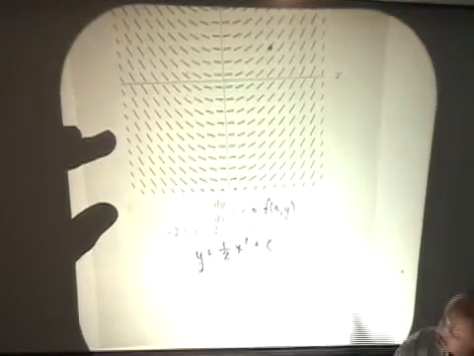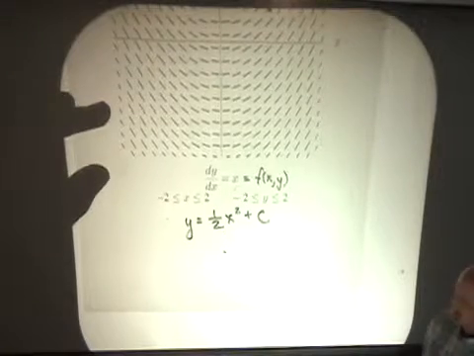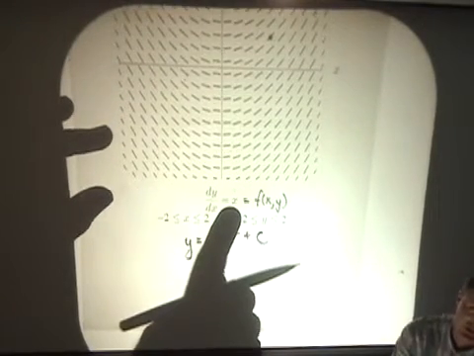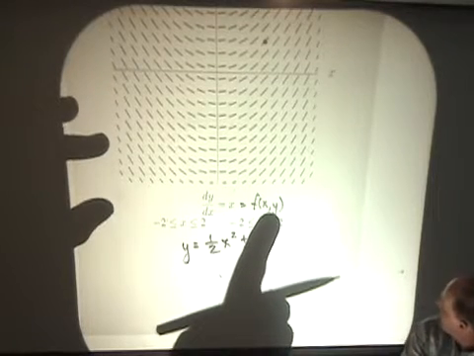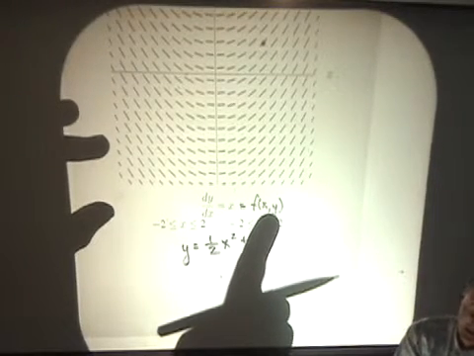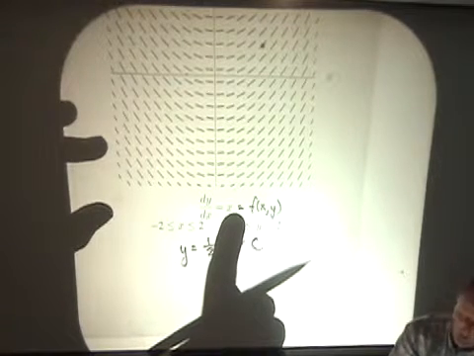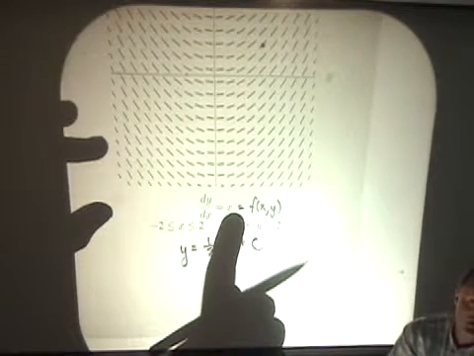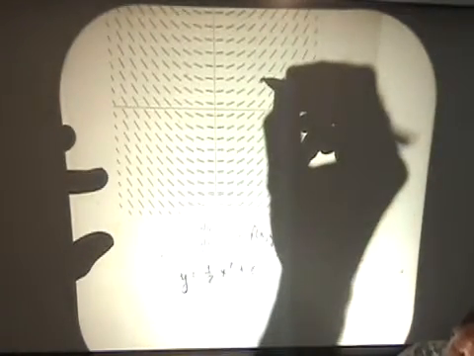Remember, we're using x and y instead of t and y there. That's my function of, well, really just x, but I'll go ahead and put a comma y in there anyway, to emphasize that I could have a y on the right-hand side. At any point, I find the x-coordinate of the point, and that x-coordinate is going to be the slope of the little line segment that I make.